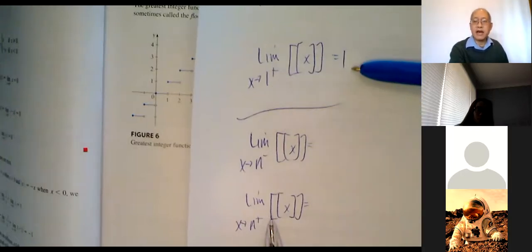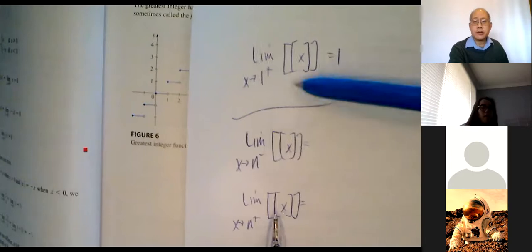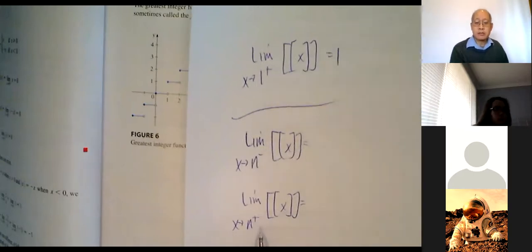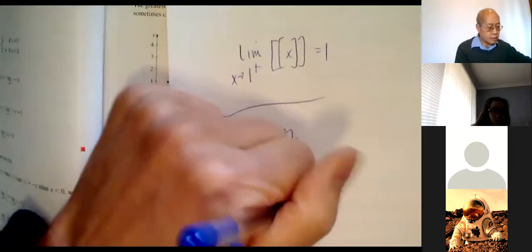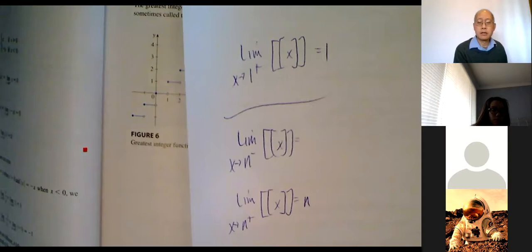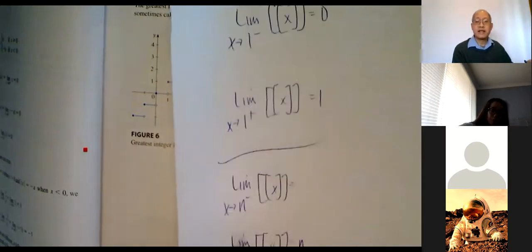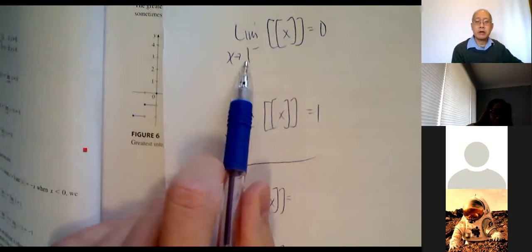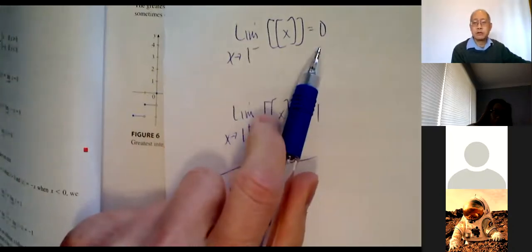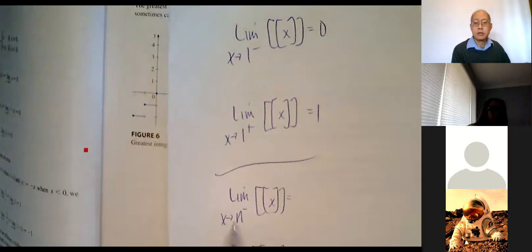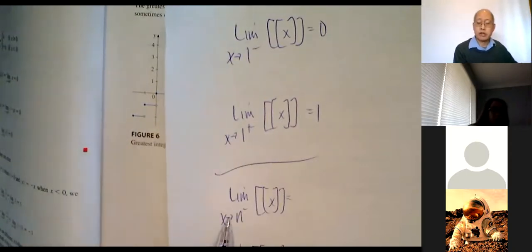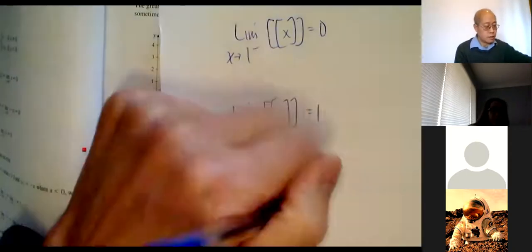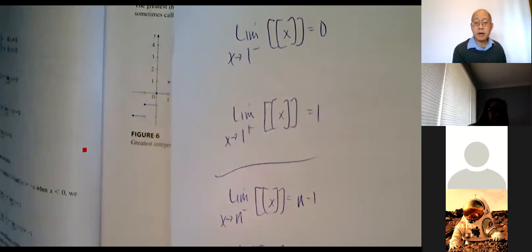That 1 matches that 1. So if we approach on the right, that number stays the same. So it looks like over here, n. Approaching from the left, what happened here? 1 went down to 0. So it reduced by 1. All right, so reduced by 1. n minus 1.